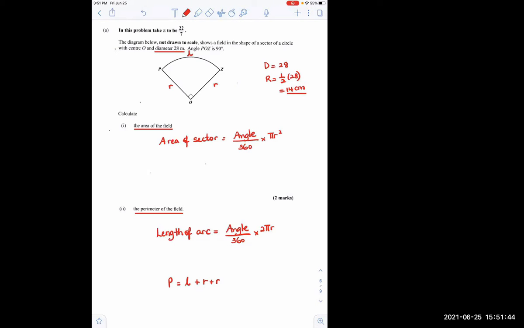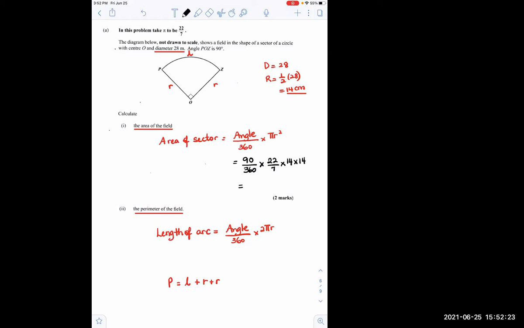Now you know how to draw the diagram. I will send the questions for you. You just do your working. So I have 90 over 360 multiplied by 22 over 7 by 14 by 14.